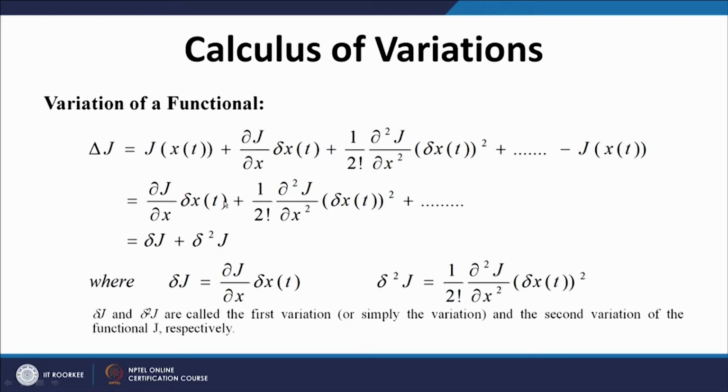So, naturally if my first variation is set to 0, then the sign of ΔJ is governed by the second variation, and at the optimum point my slope will go to 0. So, when the first variation becomes 0, that will be my optimum point and the sign will be governed by the second variation.